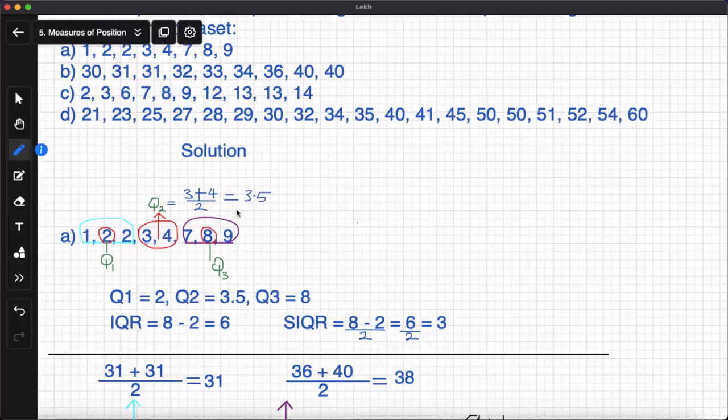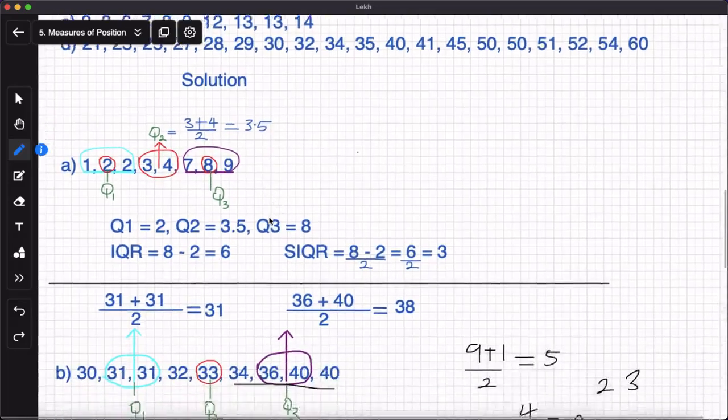I believe you should know how to do that by now. The reason is that you have 8 observations: 1, 2, 3, 4, 5, 6, 7, 8. 8 divided by 2 is 4, so the 4th and 5th observations happen to be 3 and 4. You divide their sum by 2, and that gives you 3.5.